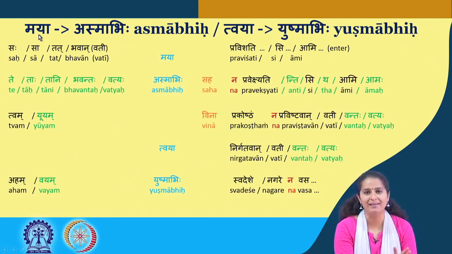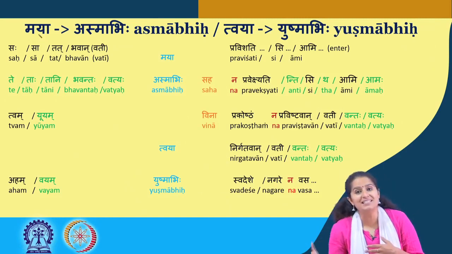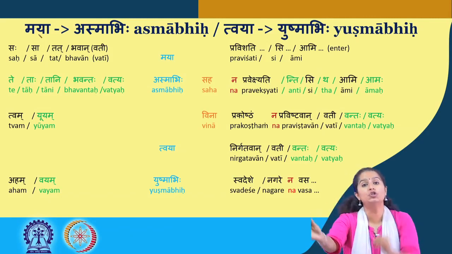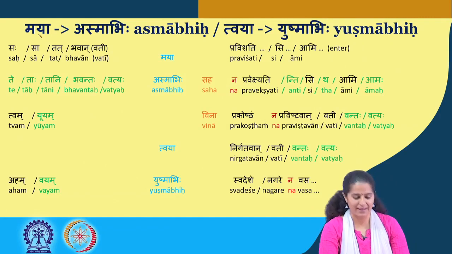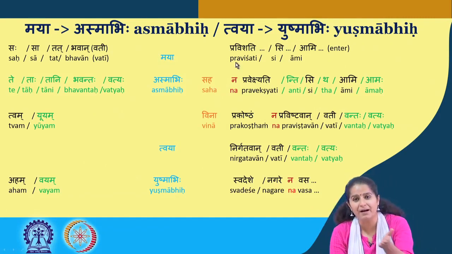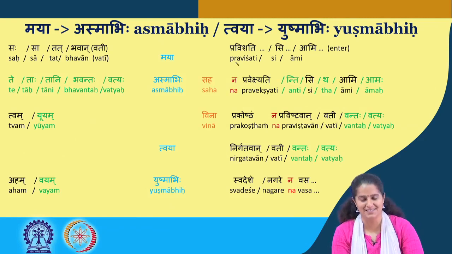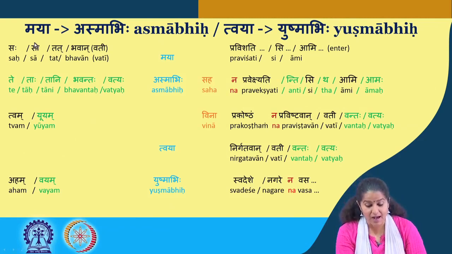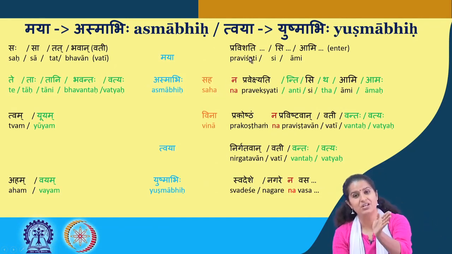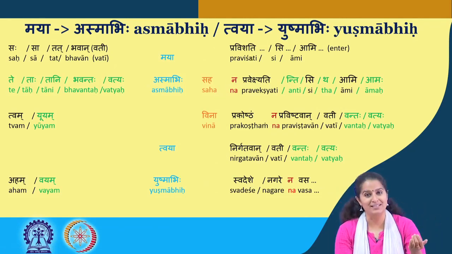What happens to maya in the third case? It becomes asmabhihi and tvaya becomes yushmabhihi. Let's apply that. Saha, maya saha pravishati, enters. Next, saha asmabhihi saha pravishati, enters with all of us.